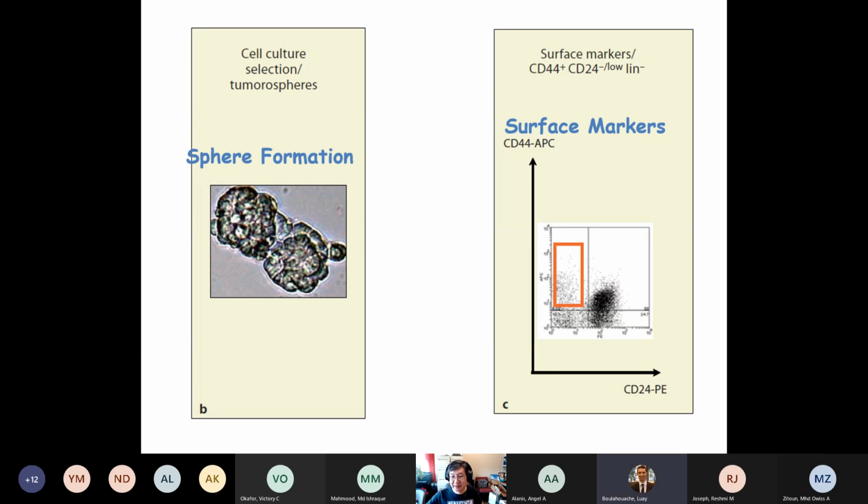Dr. Liu, could you explain then what is the quadrant next to the orange box? That's big. Yeah. Next to the orange box, to the right. Right, so those cells, as you can see, are high in CD24 and also high in CD44. So although they fulfill the criterion of high CD44, they're also high in CD24.